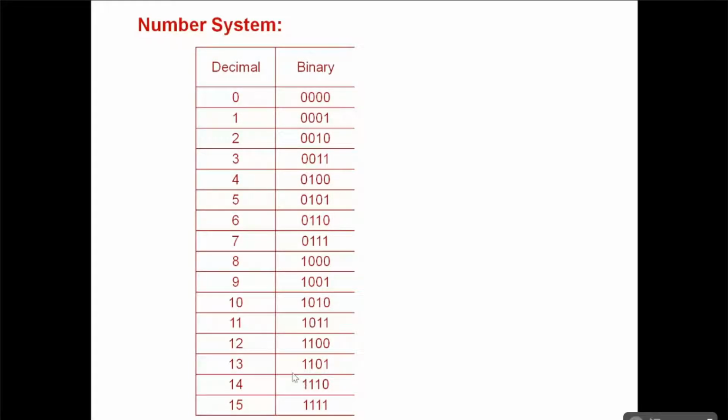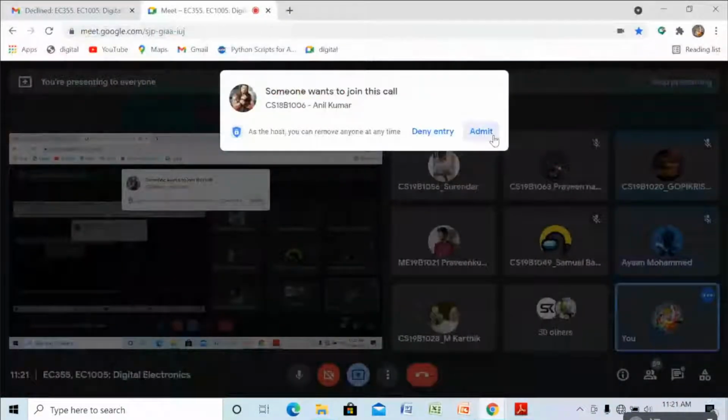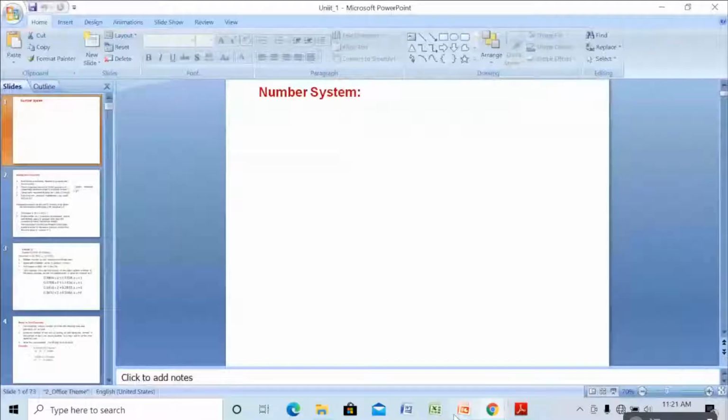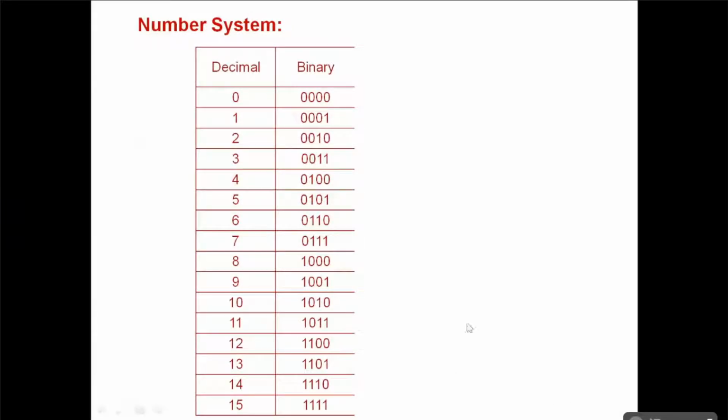For example, take 2. It has 4 digits: 0, 0, 1, 0. How is 0, 0, 1, 0 a representation of 2? The first digit is the least significant bit, which is 0.